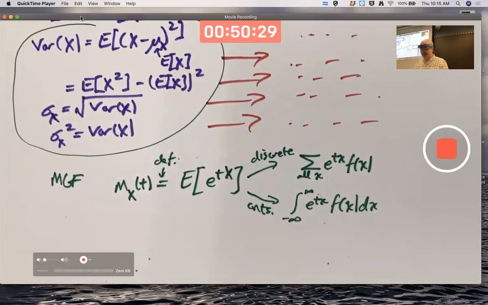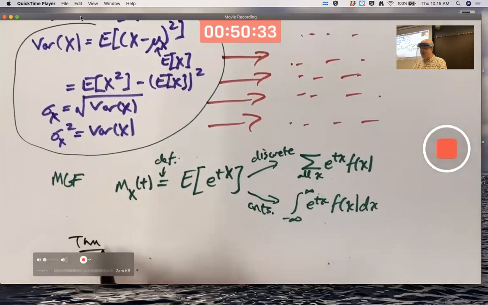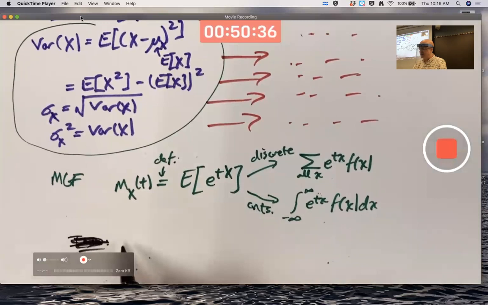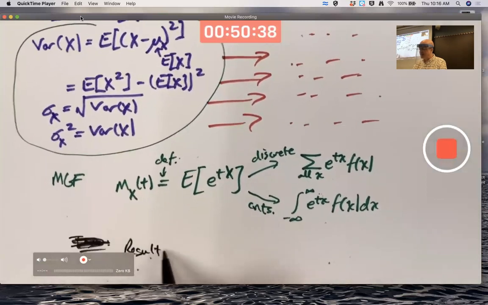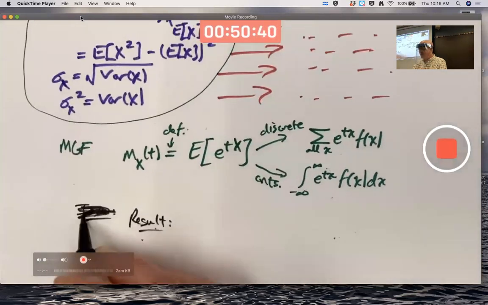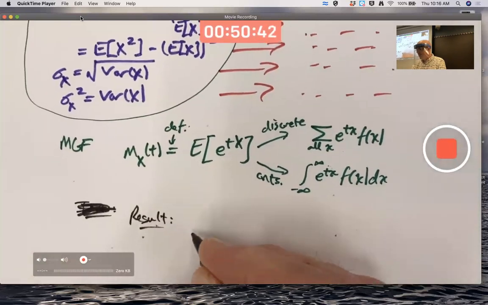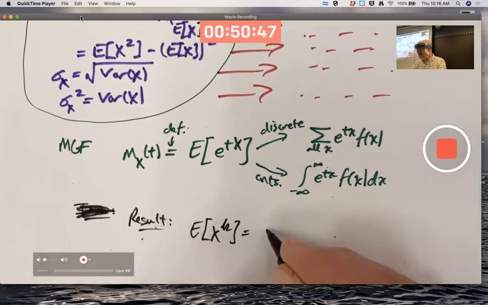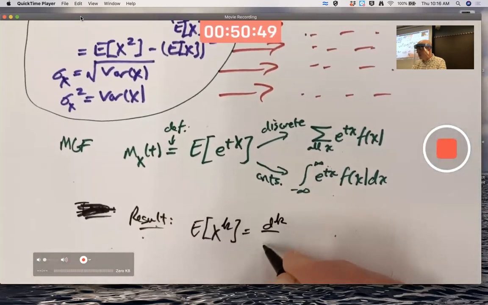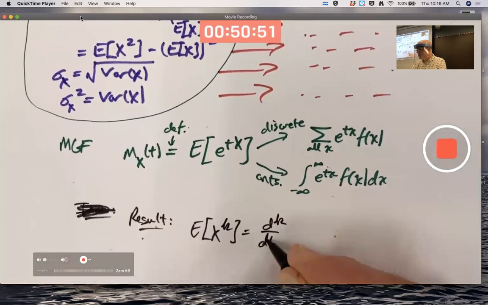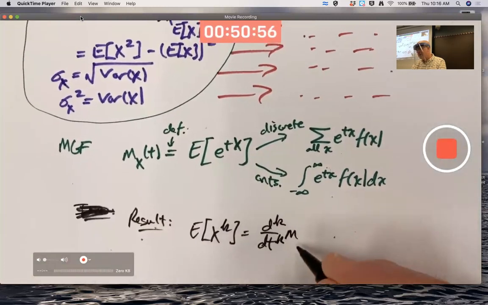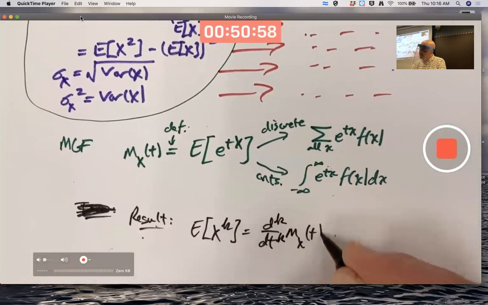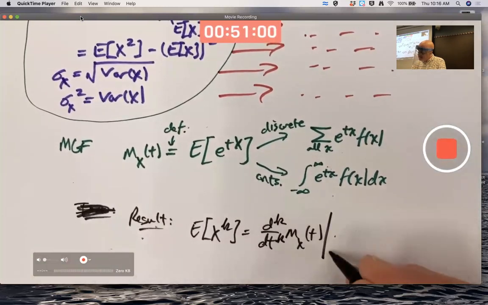Result: the kth moment of X is the kth derivative of the moment generating function with respect to its variable t, evaluated at t equals 0.